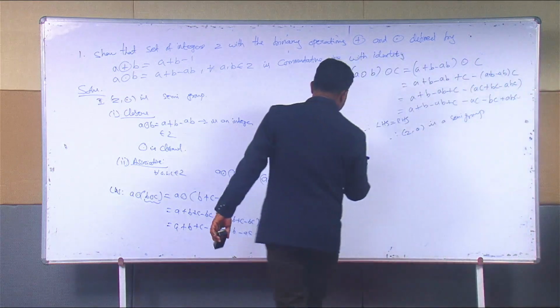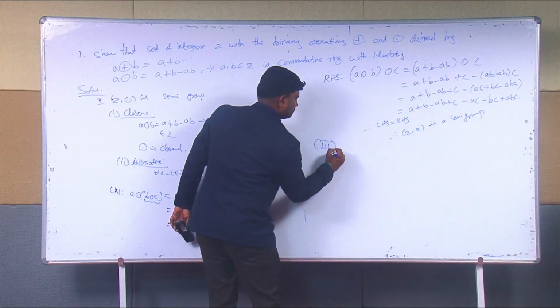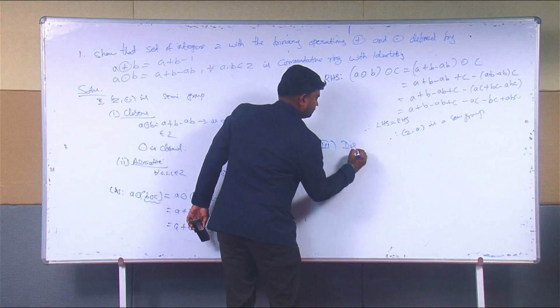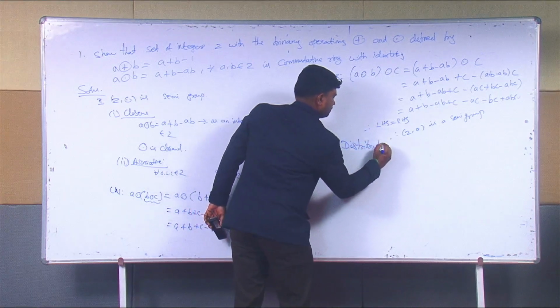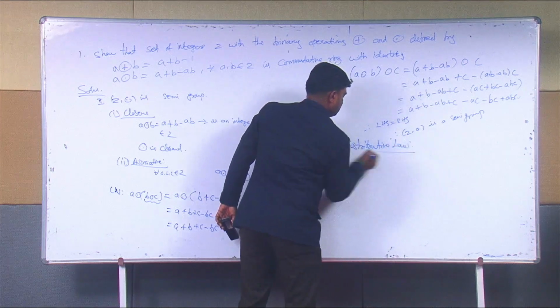So the distributive law is the third axiom.